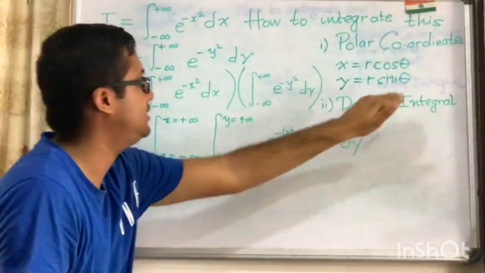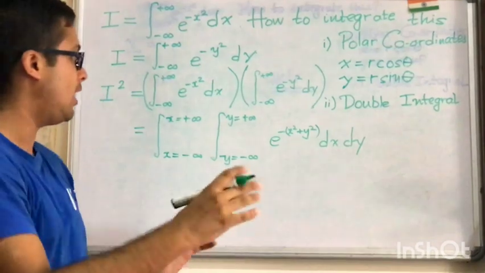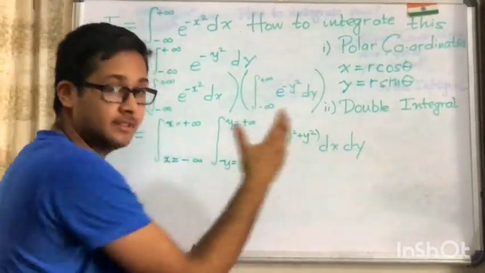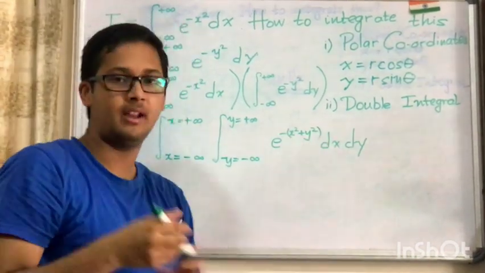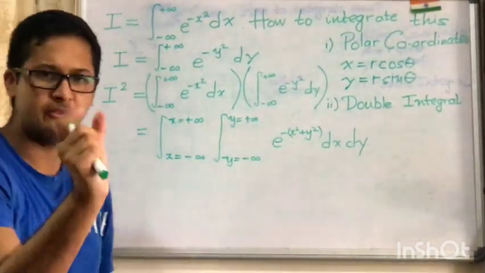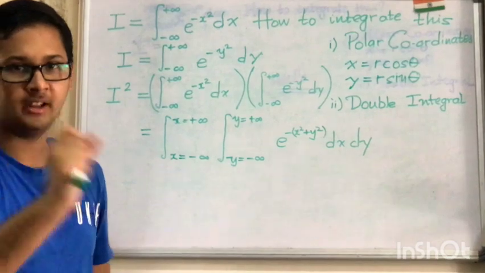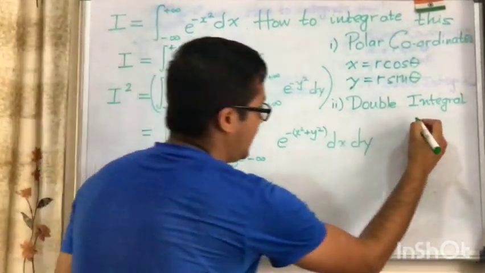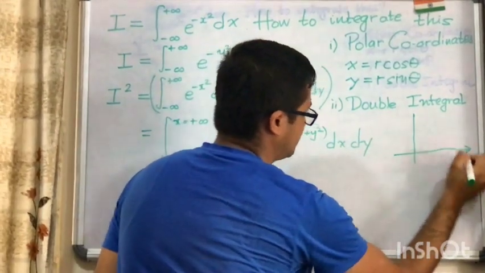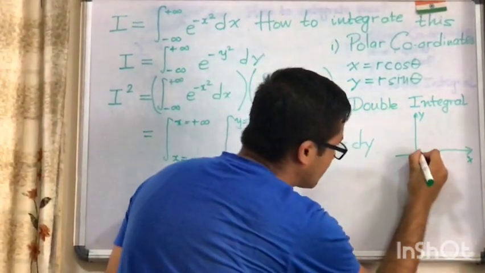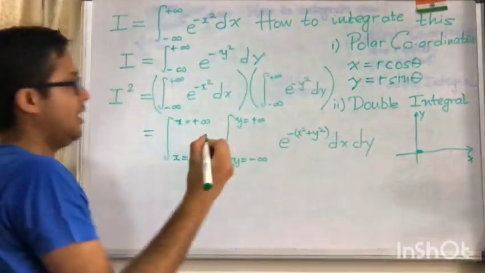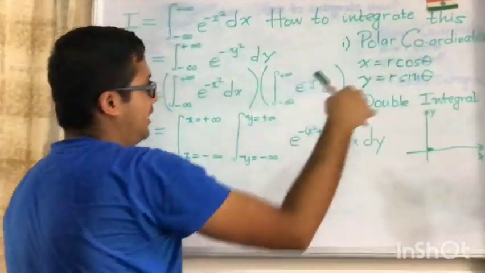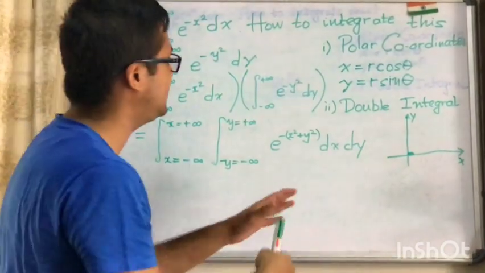How will the function change when you substitute this to this? Let us go step by step, starting from the right. This part, dx into dy, in your normal xy plane is nothing but a very small area, say of a rectangle, like this. Now, if you take a similar area in polar coordinates, the answer changes.